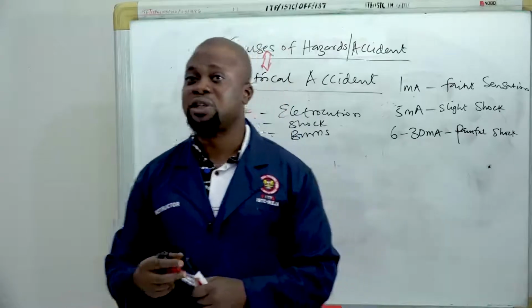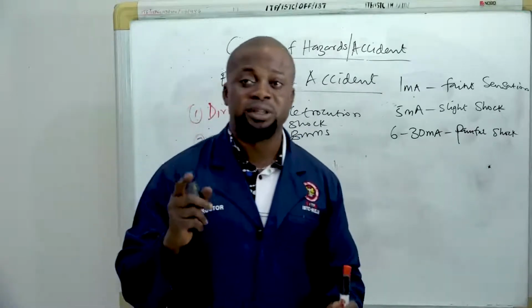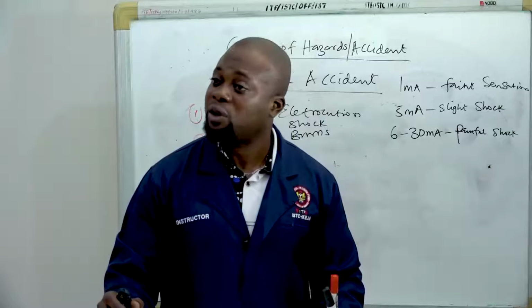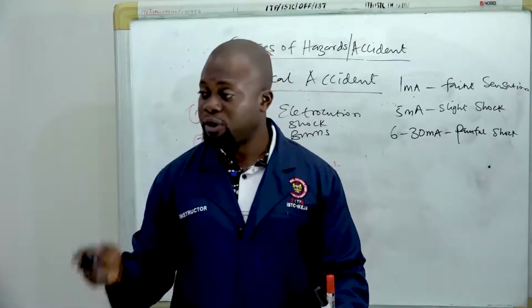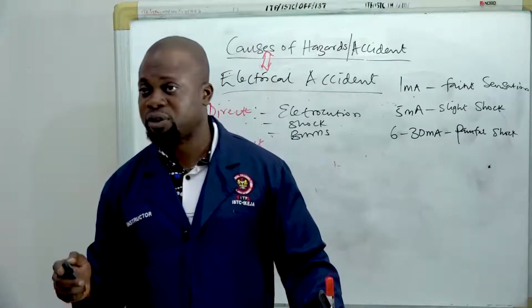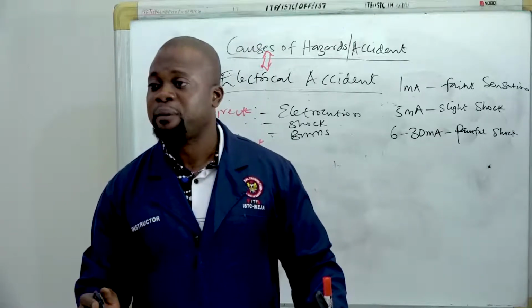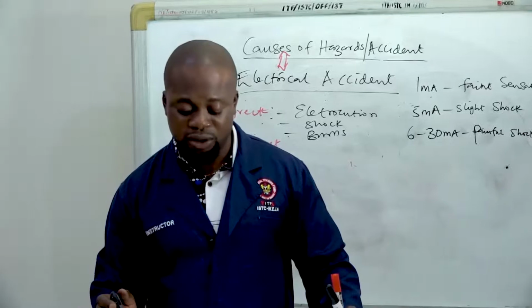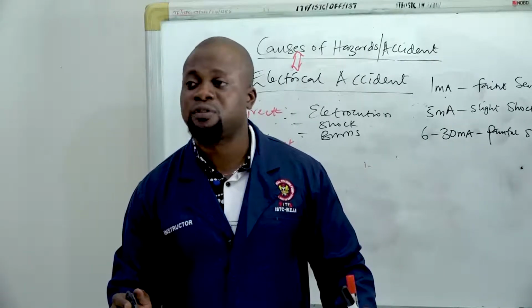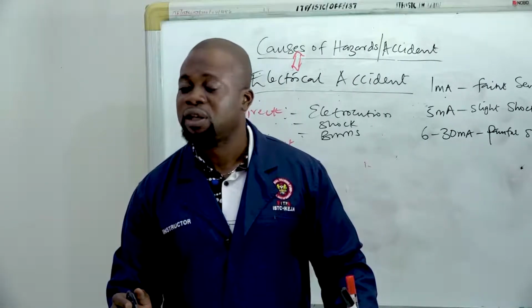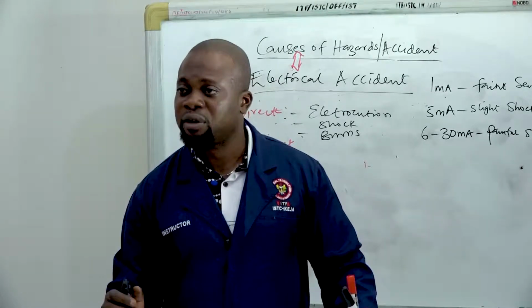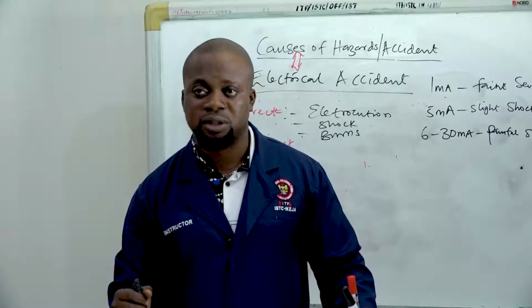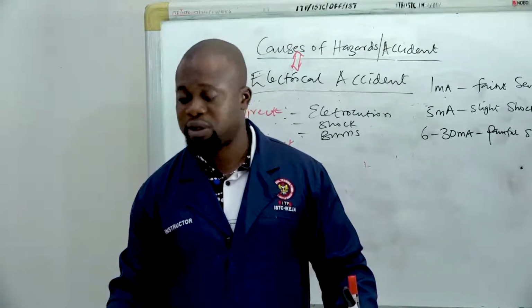So, like I always say, take care when using electricity because it has the power to kill. We need to be careful, because as apprentices of industrial electronics, we're going to be making use of electricity always.